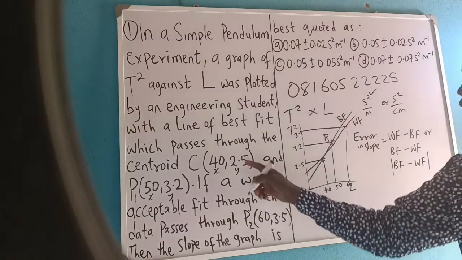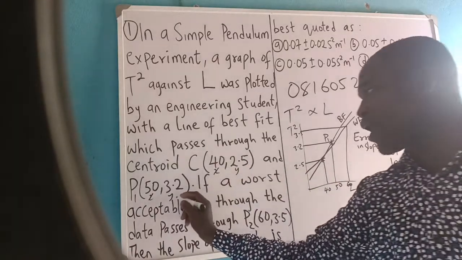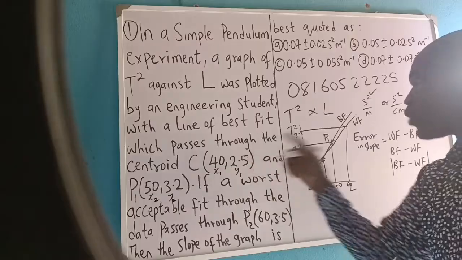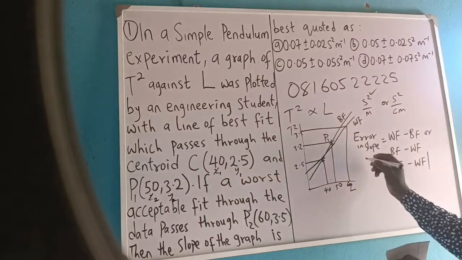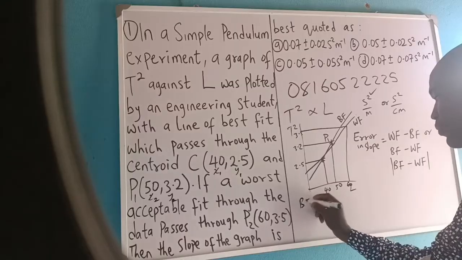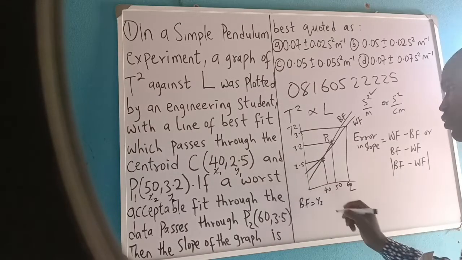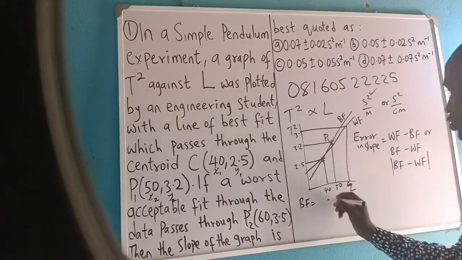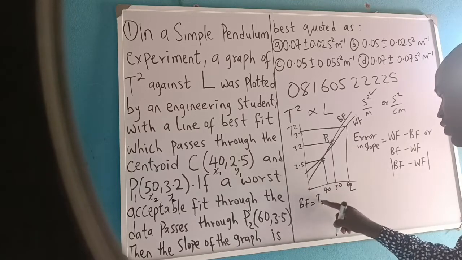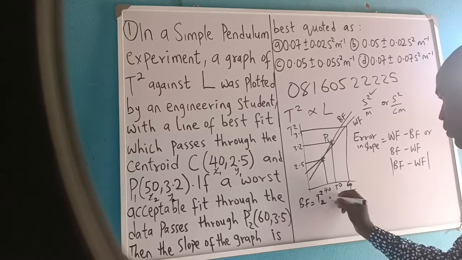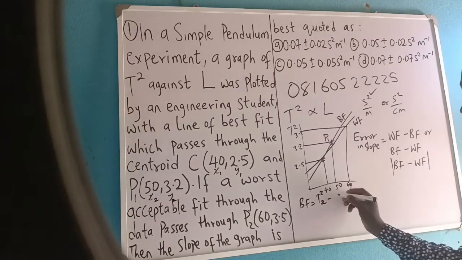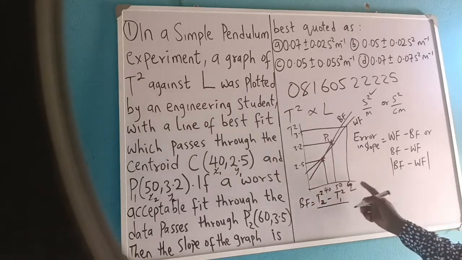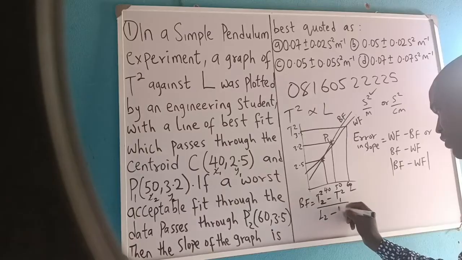I will say this and this is my y2 and this is my y1, this is my x2 and this is my x1. y2 minus y1 all over x2 minus x1. For the best fit slope, y2, that is t squared 2, minus y1, t squared 1, all over L2 minus L1.